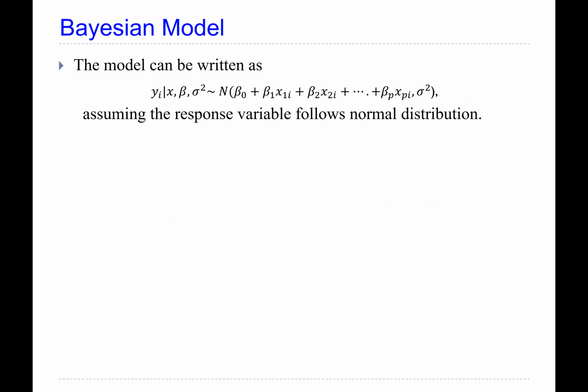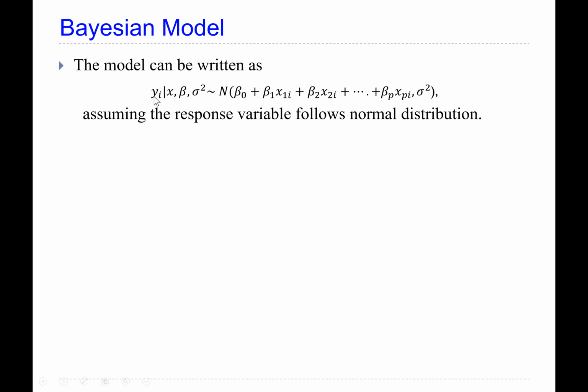You need to define the likelihood or the data distribution, whatever you are working with, frequentist approach or Bayesian approach. Let's assume the data follows normal distribution. Which data? Do you mean the explanatory variables or the response variable? I mean the response variable follows normal distribution.